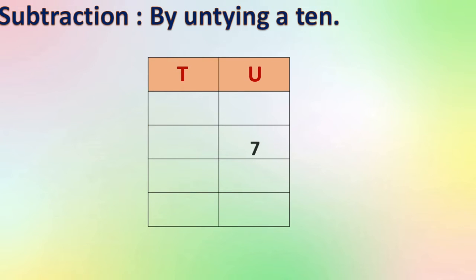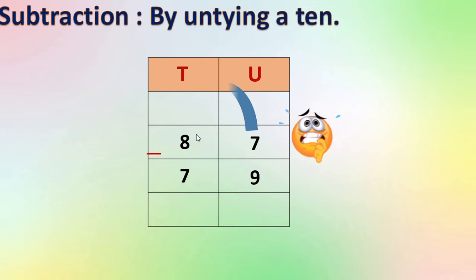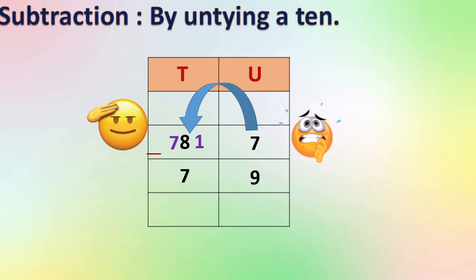Here the sum is 87 minus 79. Okay, again 7 is smaller than 9, so 7 in the units requests 8 to borrow 1 ten. 8 accepts the request of this 7 and 8 bifurcates itself into 7 and 1.